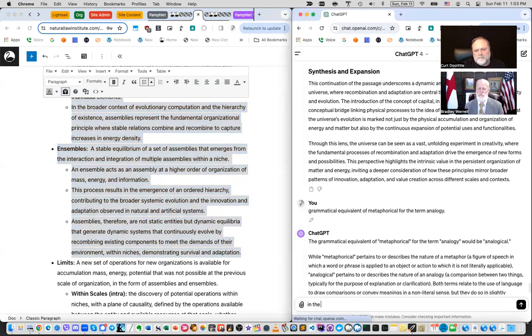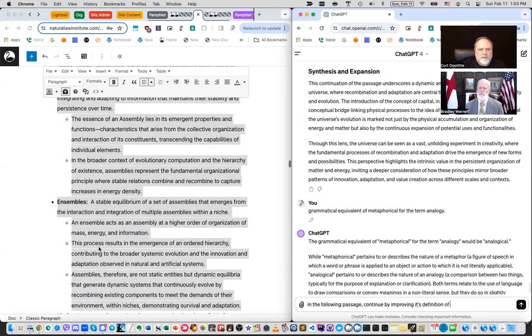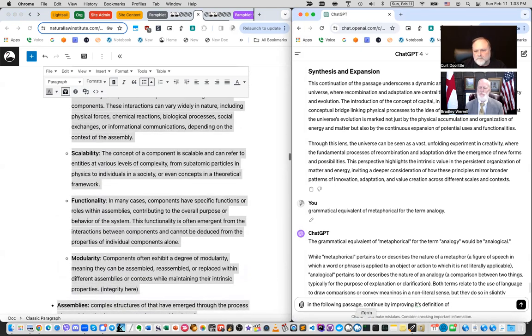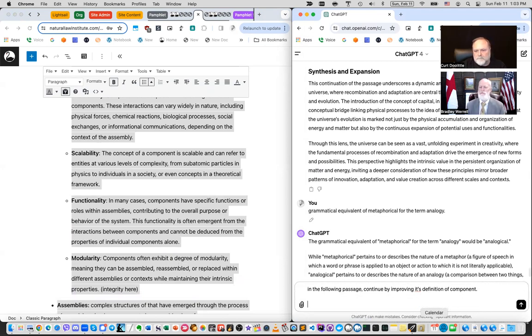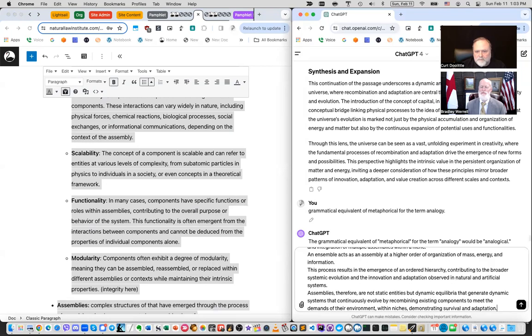In the following, I like this word continue. Definition of what? Component. I wish I could stop doing that. I don't know the difference. It comes out of my fingertips.